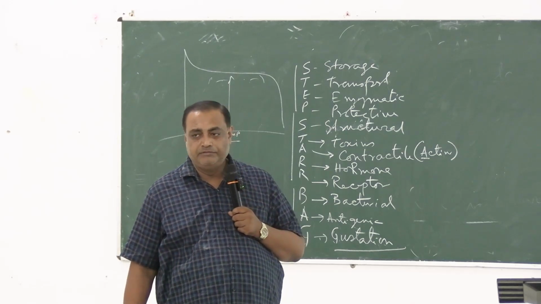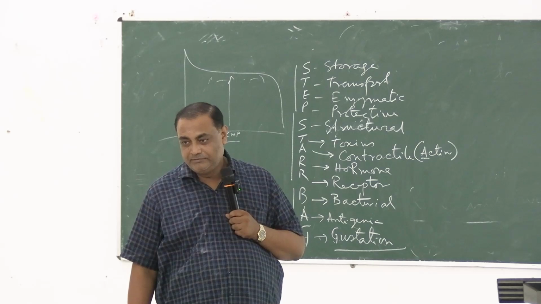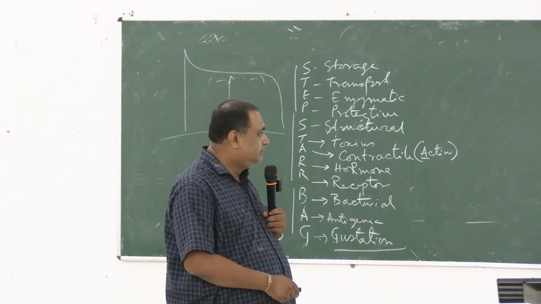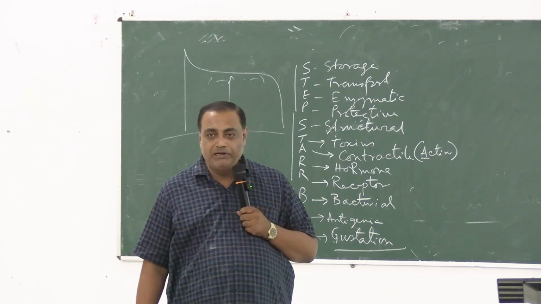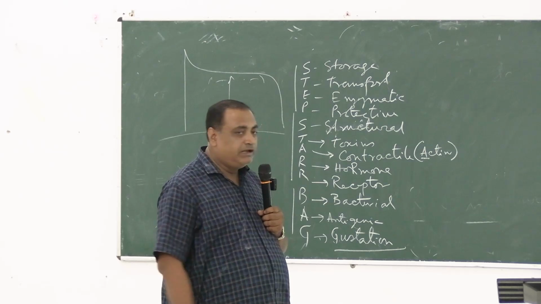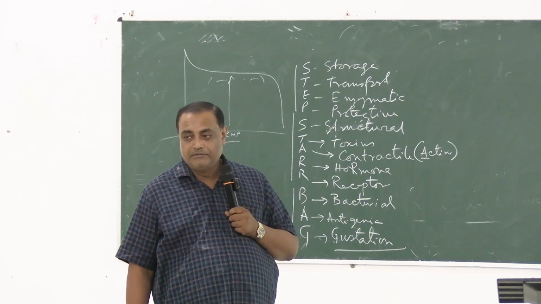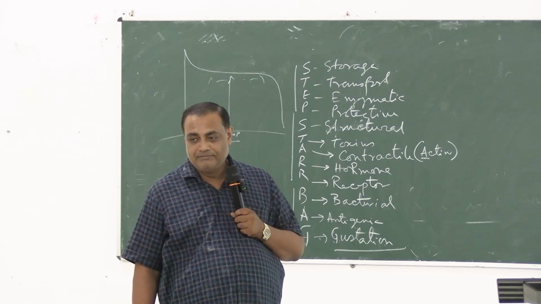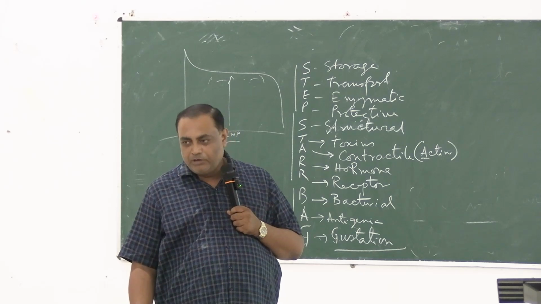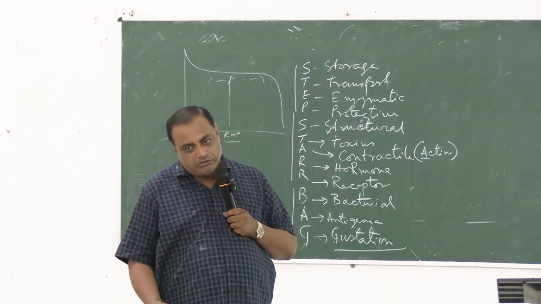Mucopolysaccharide, core protein, proteoglycan, glycoprotein. Example, blood group antigens. Chromoprotein. Example, chlorophyll, hemoglobin. Why can't hemoglobin be the only example for transport protein? It is also a chromoprotein.